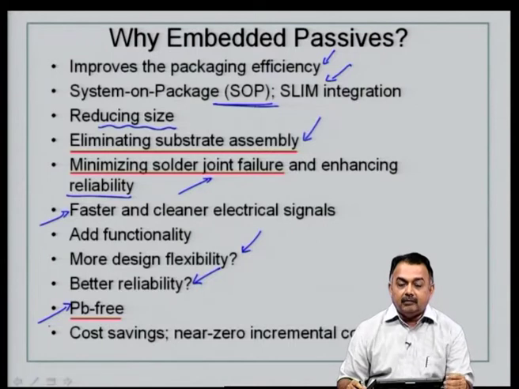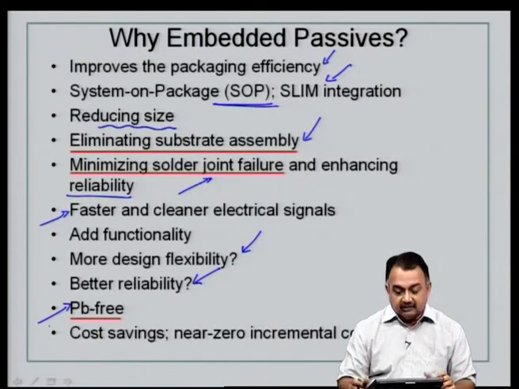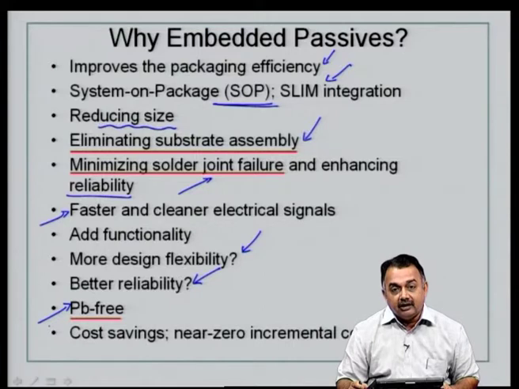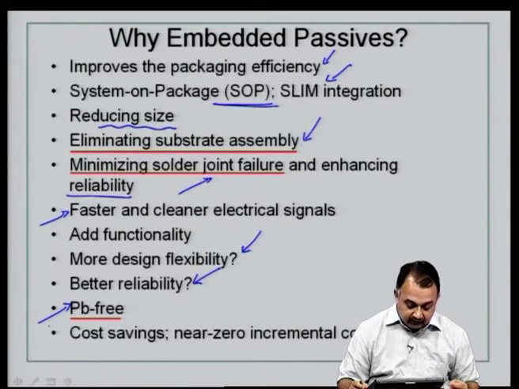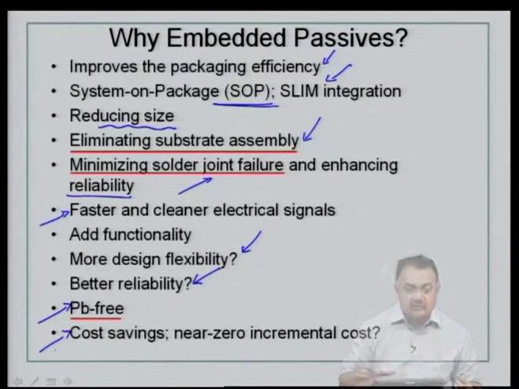Because you are not doing solder joints, and you are going to concentrate more on active device attachment, which could be lead free, and you can put this as a case for green electronics being implemented in your system. There could be cost savings if your materials costs are going to be less, if you can integrate well into your PWB production, and near zero incremental cost.